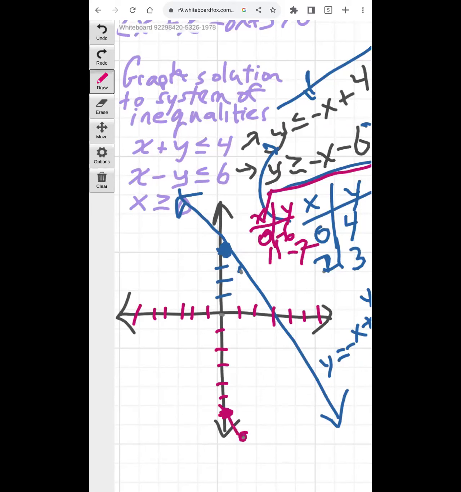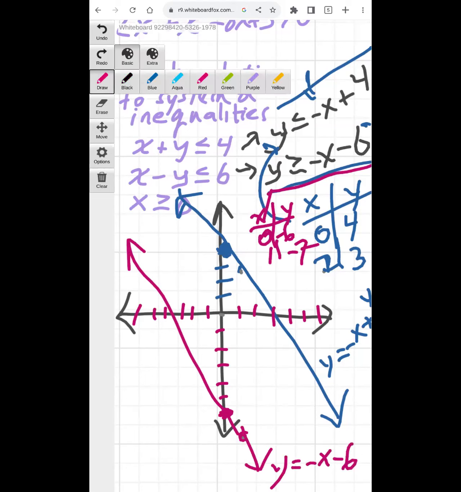Okay, so that's going to be this line right here. So this is y equals negative x minus 6. Okay, and then for the final line, it's just going to be x is greater than or equal to 0. Okay, so that line is basically the y-axis.